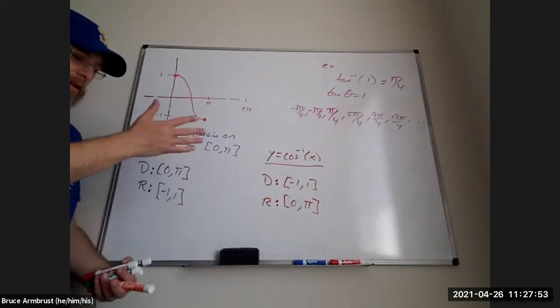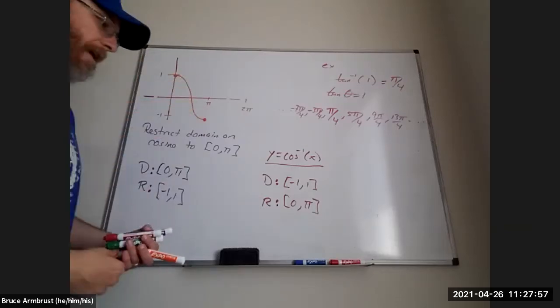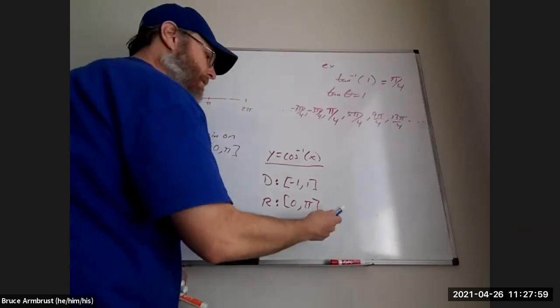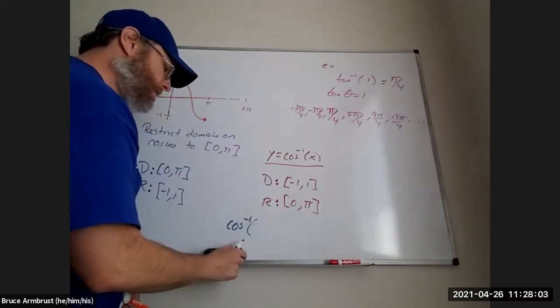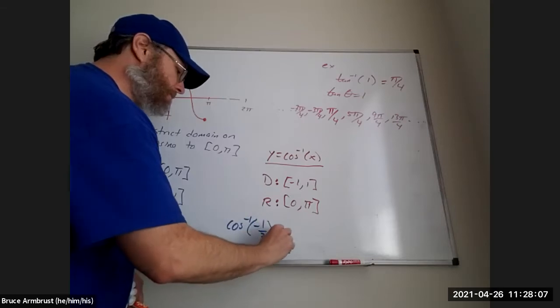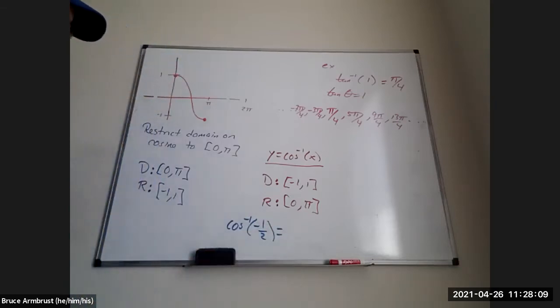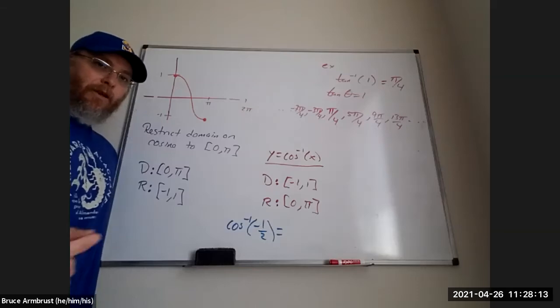Right? So, for example, what if we were to look at, say, cosine inverse of -1/2. So there are an infinite number of angles whose cosine is -1/2.